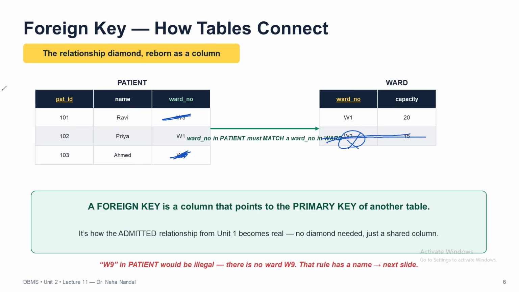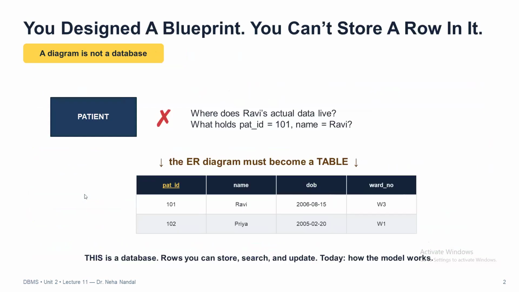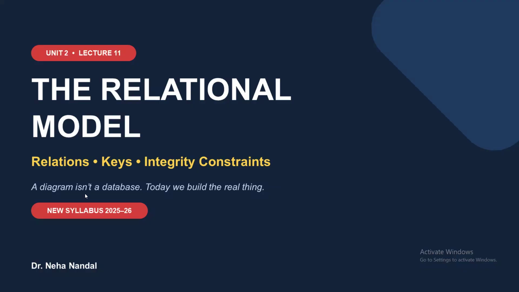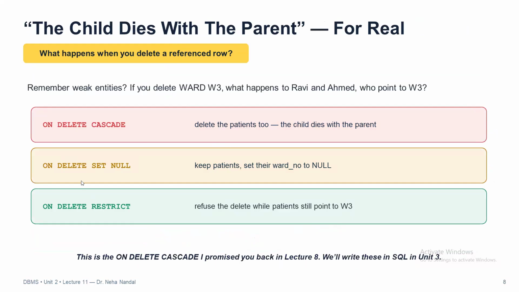So it is violating the rules of the database. It will create some problem. Okay. Now see. Where were we? Yes, on delete cascade. So if the parent dies, the child will also die. That is the meaning. Okay.